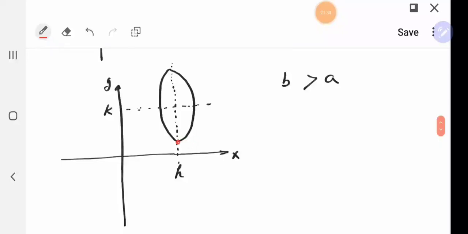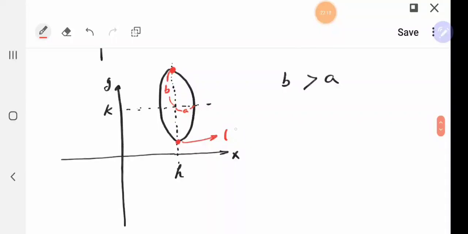Then for the major axis, the vertices are these 2 points. Originally this one was b, because b is longer than a, and this distance is a. So let's find 2 vertices only. For this vertex, which was below the x-axis, the x value was 0 and the y value was negative b.